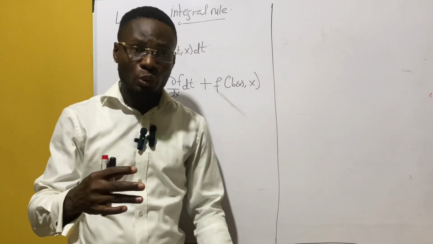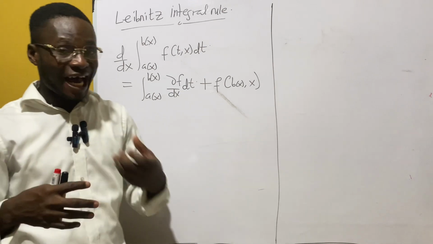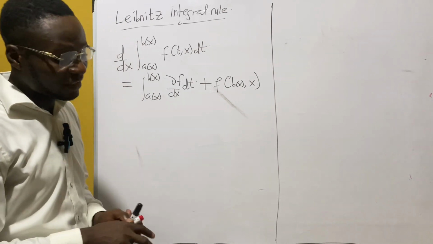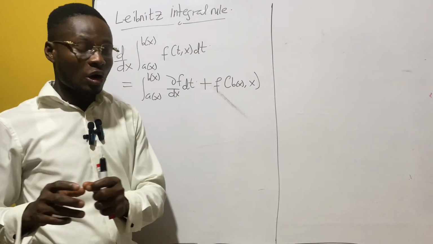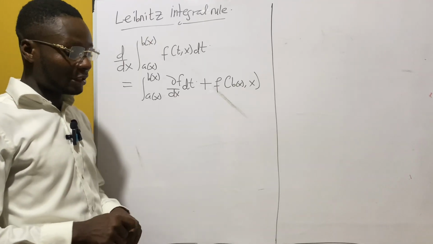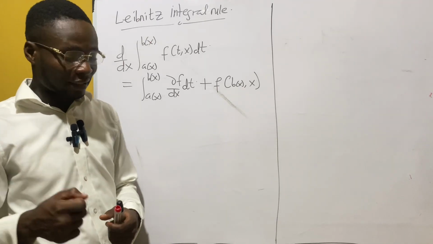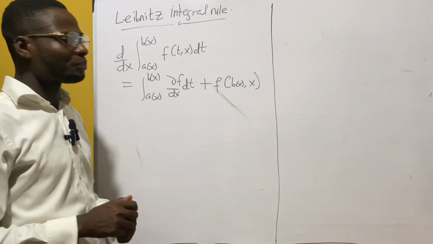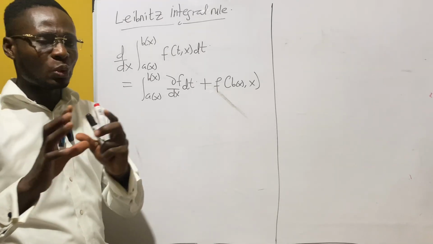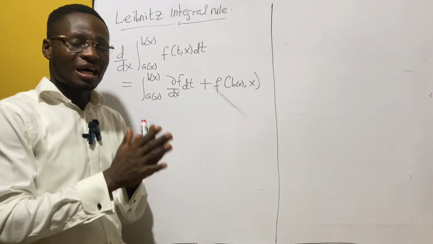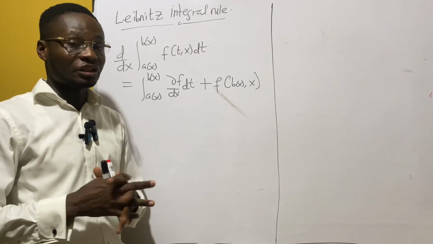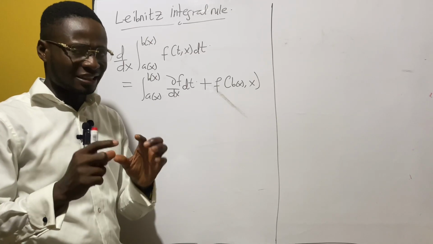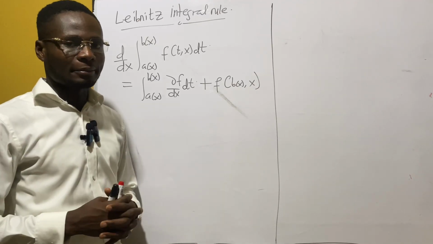This rule allows us to differentiate an integral when the limit or the integrand depends on a variable. So it's basically a rule that helps us when you have both differentiation and integration at the same time.